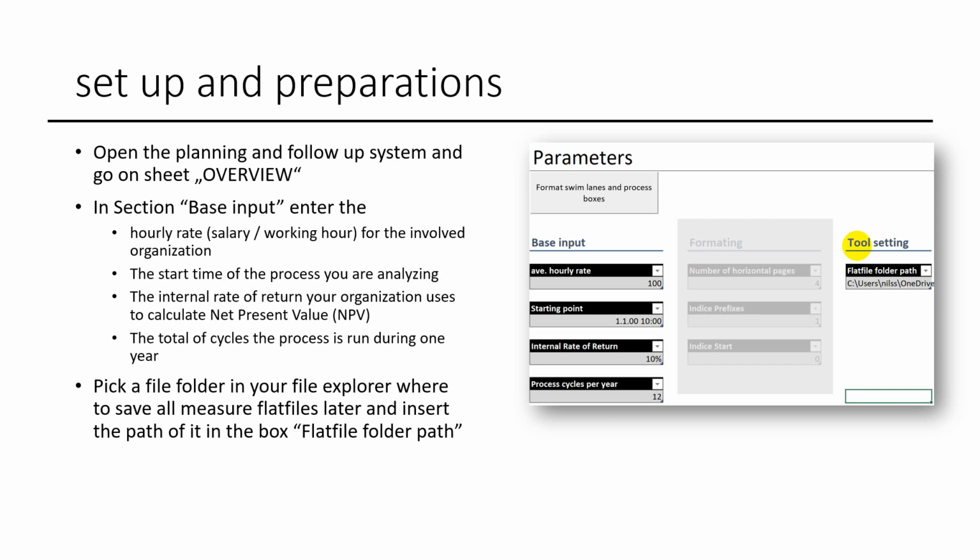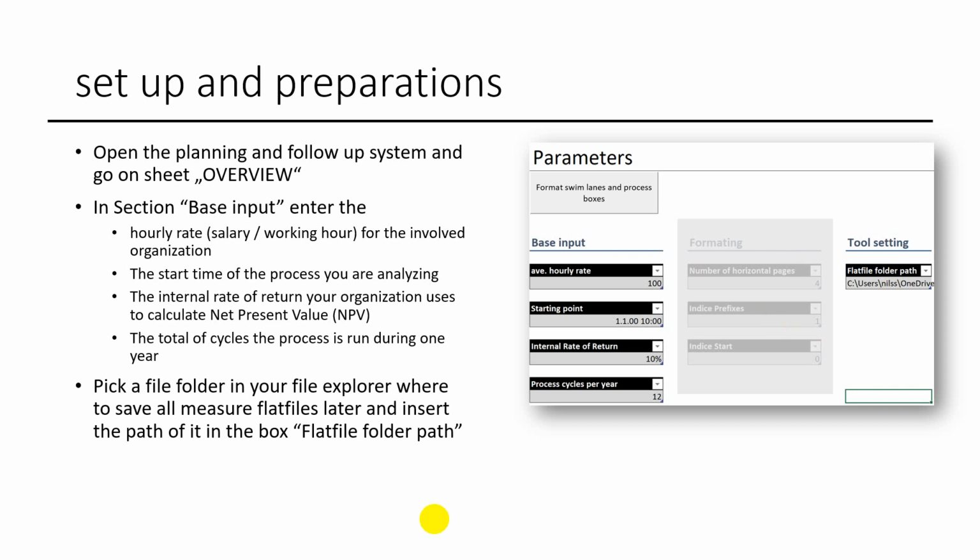The consolidation system needs to know where these files are stored, and therefore you will be required to put the name and the folder path into this cell. The system will then take this information and upload the information that is in the different measure flat files automatically into the system for further analysis.